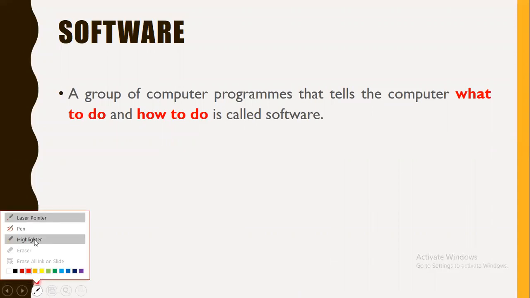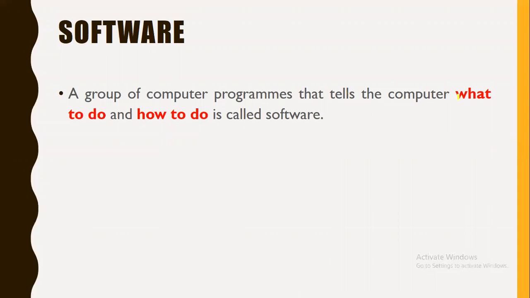Basically, you can say that software is a set of instructions which tells the computer what it has to do and how to do some specific task. It instructs the computer what type of task is to be done and how it is to be done.